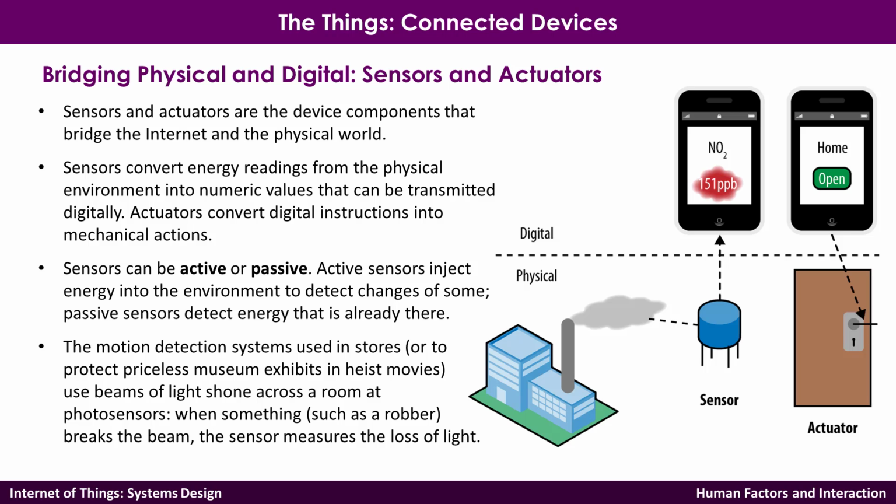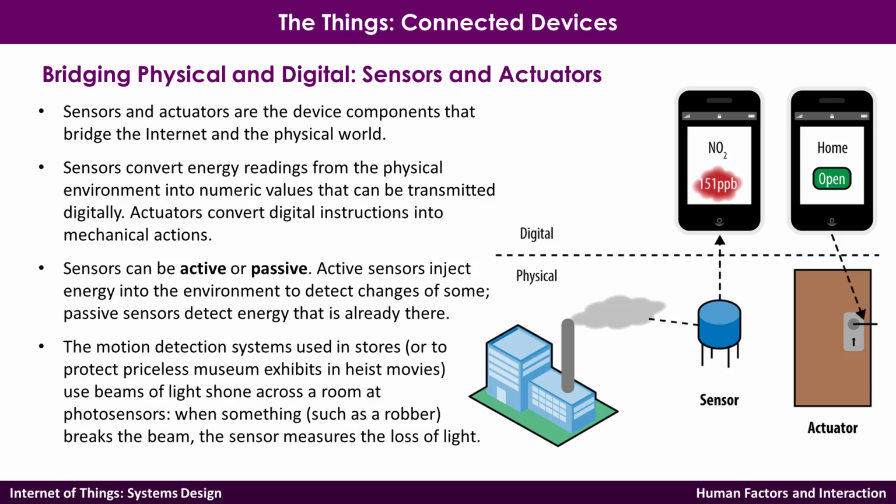In this case, the sensor is injecting energy, which is light, and then observing whether someone is breaking the beam. In a passive scenario, you can think about fire detection, where a sensor is looking for smoke.